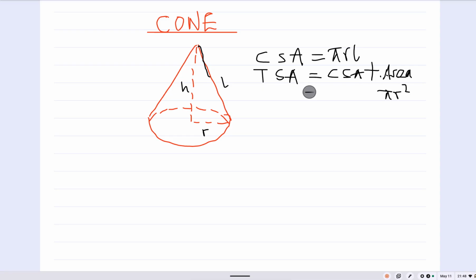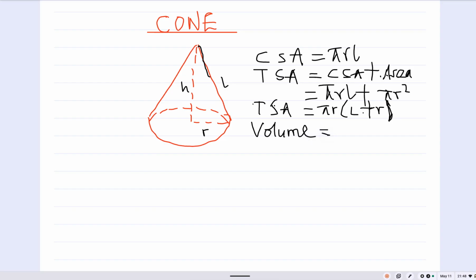So that is pi r l plus pi r square. What is common among them is pi r, and you'll be left with l plus r. So the total surface area of a cone is pi r, open bracket, l plus r.